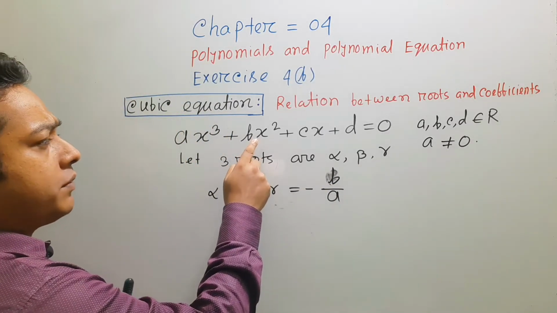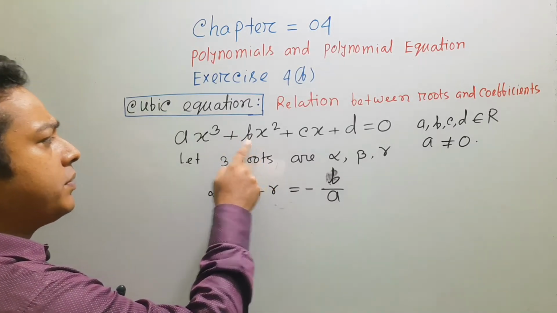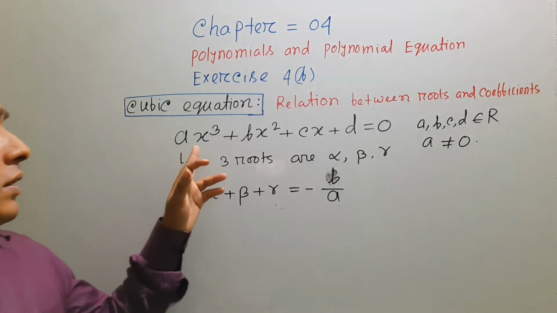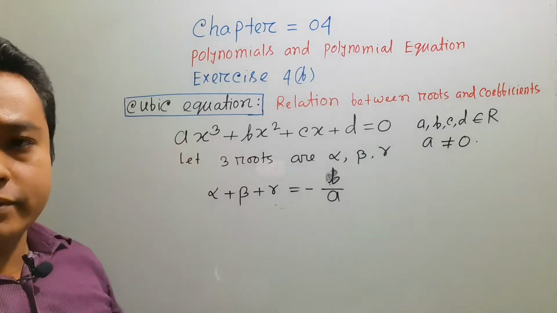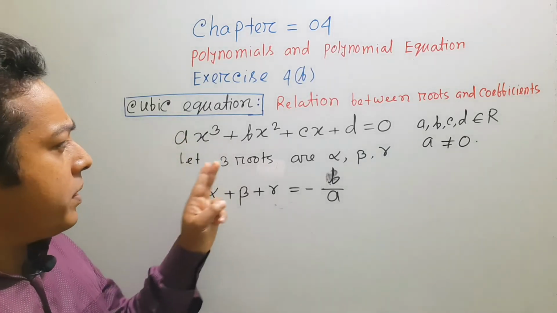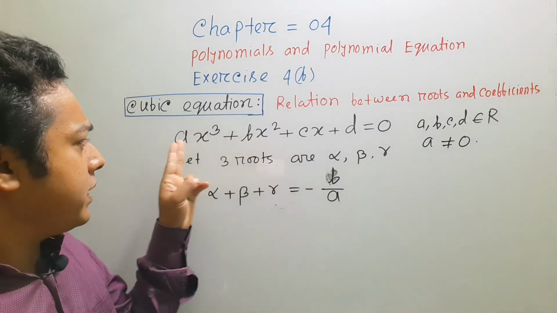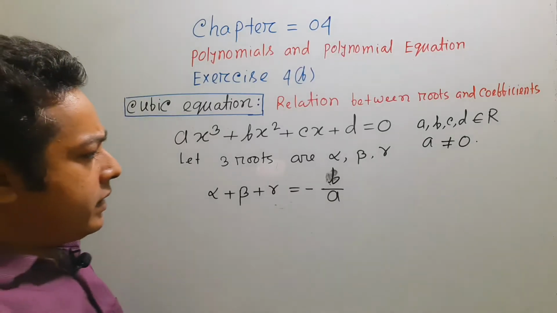You have to start from the second term: the coefficient of the second term divided by the coefficient of the first term, the highest degree term, the leading term, whose coefficient is a. But you have to maintain the sign.